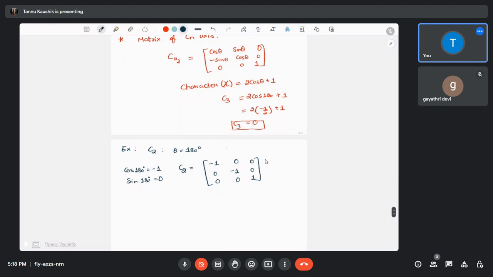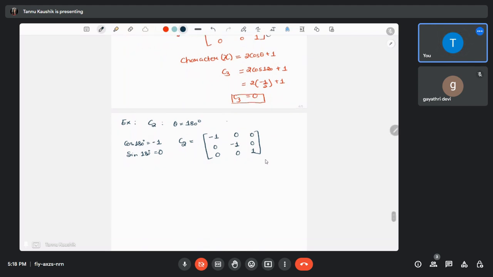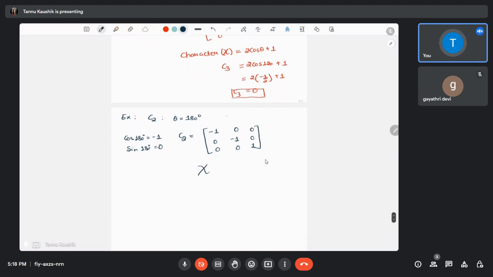And you can directly put these values in the general matrix I have mentioned here. So the character for this will be the sum of the diagonal elements, which is minus 1.